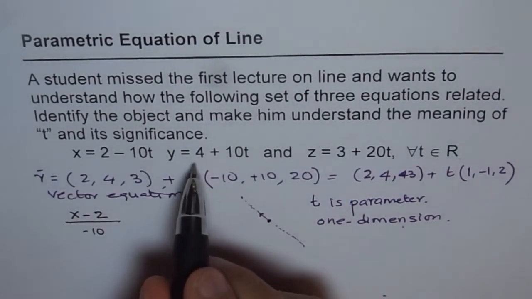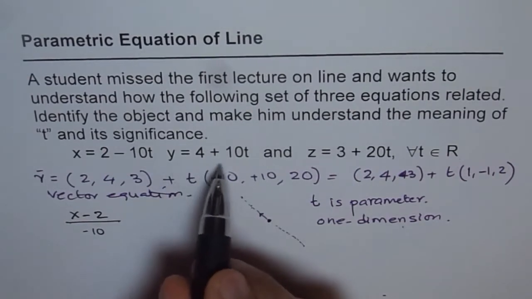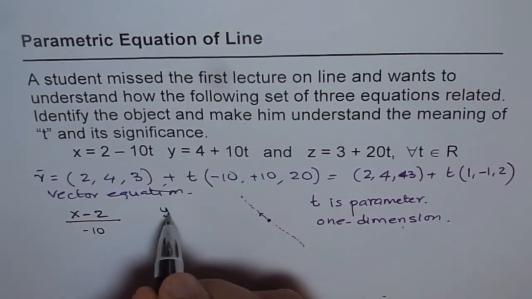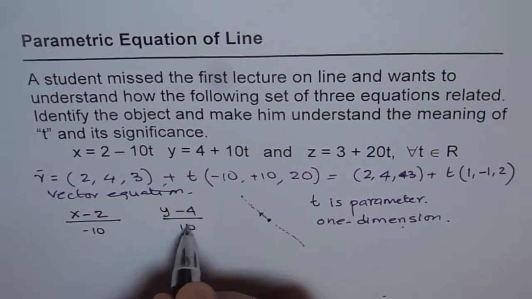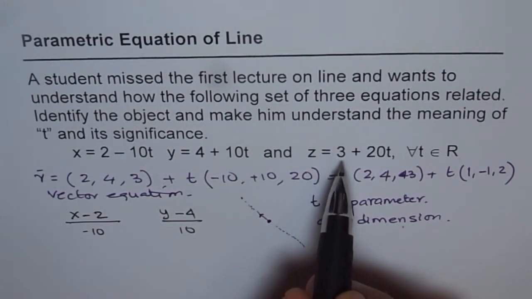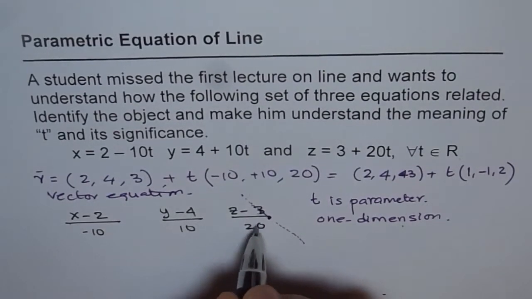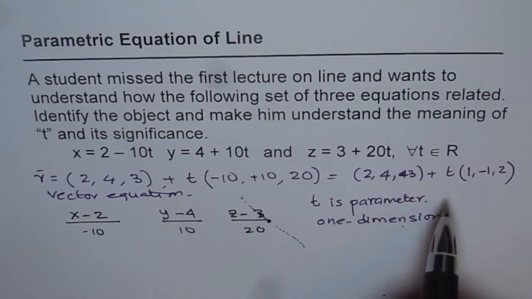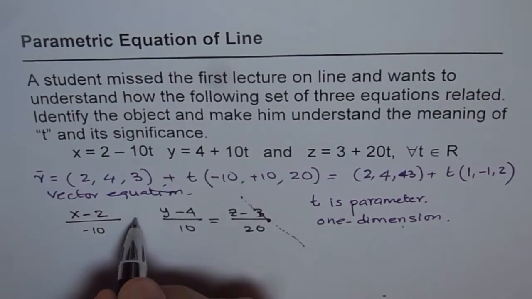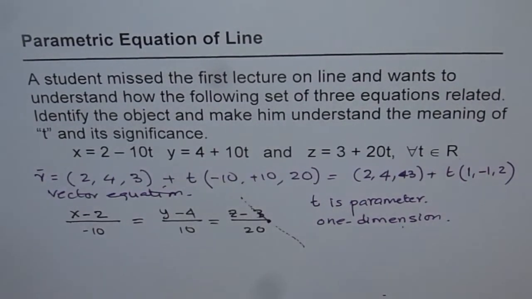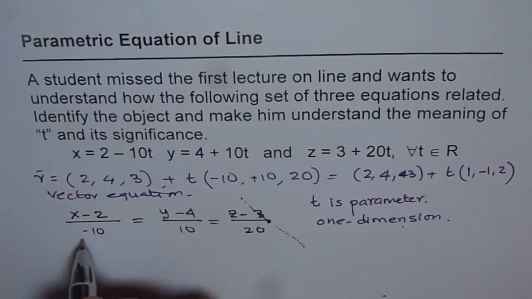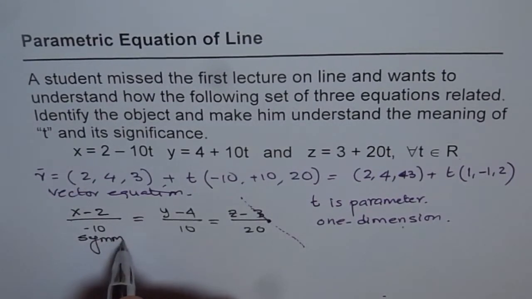If you isolate t from the second component, the y component, then you get y minus 4 divided by 10. And if you do the same for the z component, you get z minus 3 divided by 20. Now all these are equal to the same parameter t, so they are all equal. And this form of equation is called the symmetric equation, right? So this is symmetric.